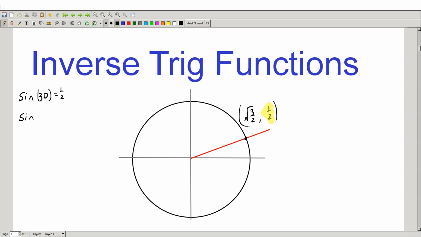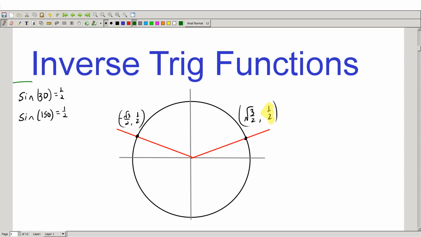What's the sine of 150 degrees? Well, that gives me the same exact thing. It's 1/2, because the sine of 150 also has a y value of 1/2. So there's my terminal point here, negative √3/2, but positive 1/2 still.